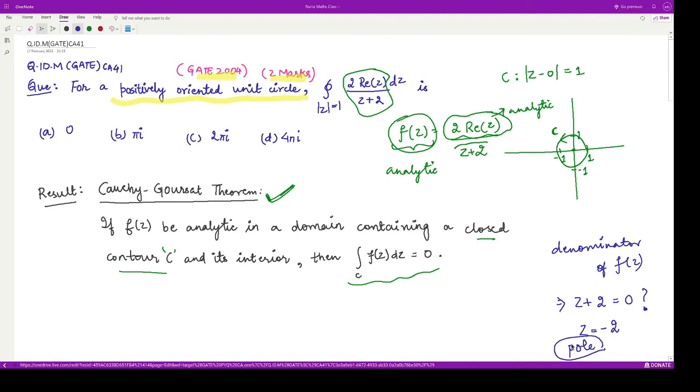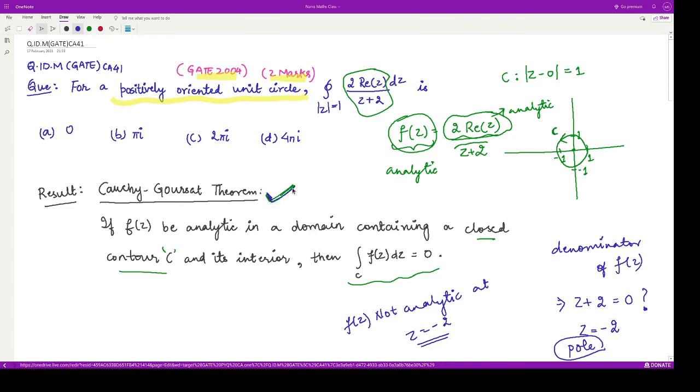That means our function f(z) is not analytic at z = -2. If it is not analytic at this point, then we cannot apply this result.